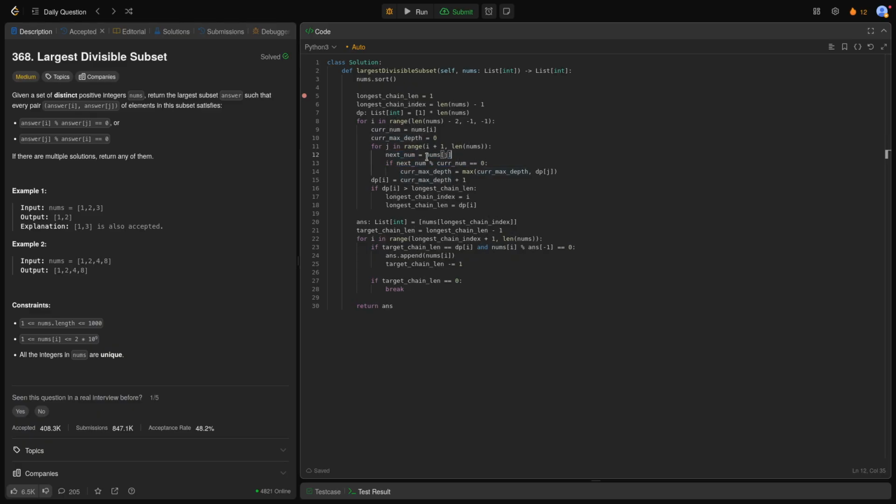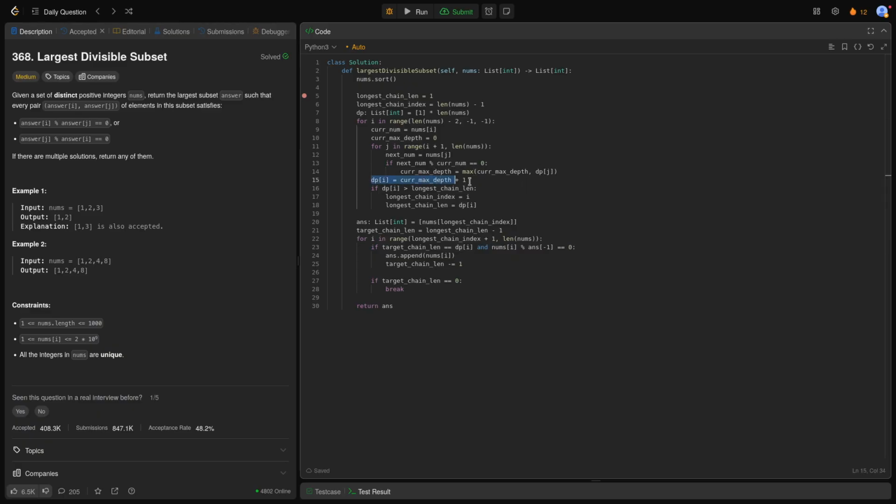And then if the next num divides the cur num, we try to set the cur max depth as the maximum of itself and the length of the subset at j, which is the next num.